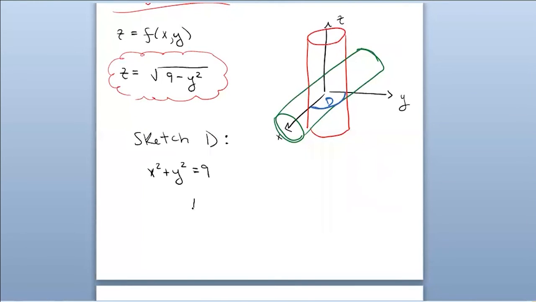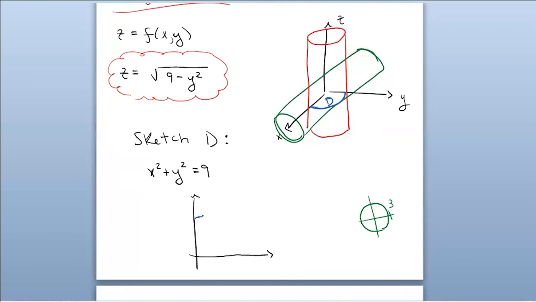So let's go ahead and sketch this region D. I'm only doing part of it. So x squared plus y squared should be, right over here, a circle with radius 3. But I'm only going to do a quarter of my circle.